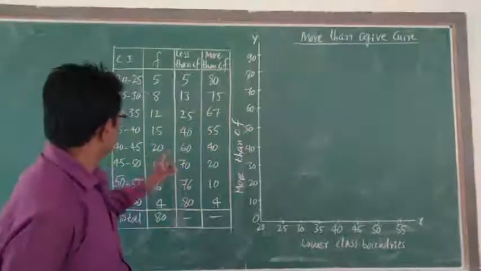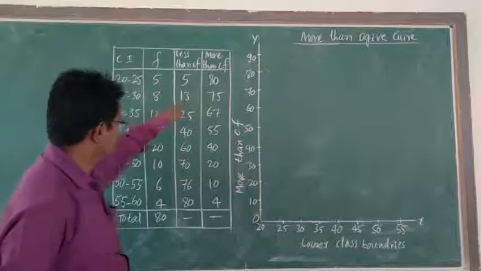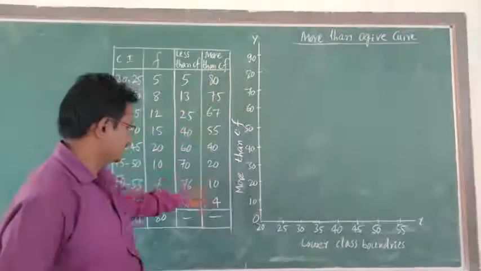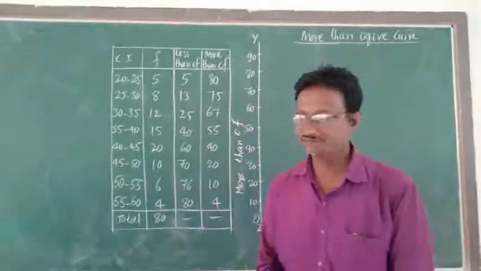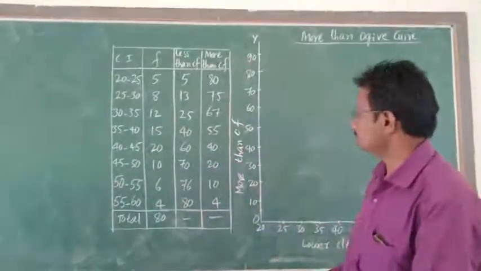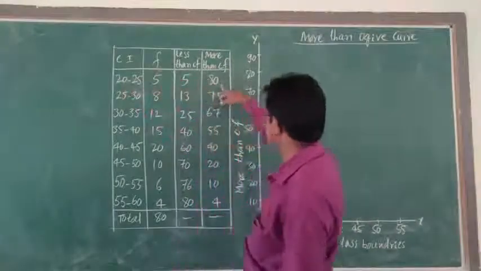So corresponding to lower class boundary and more than cumulative frequency, you have to mark the points. First, more than 20, there are 80 workers.